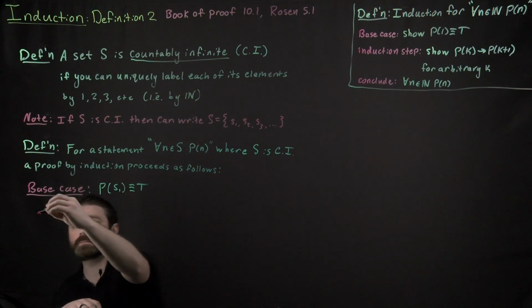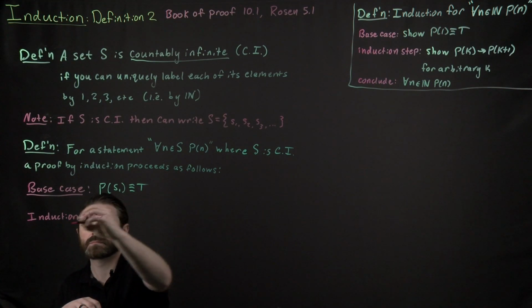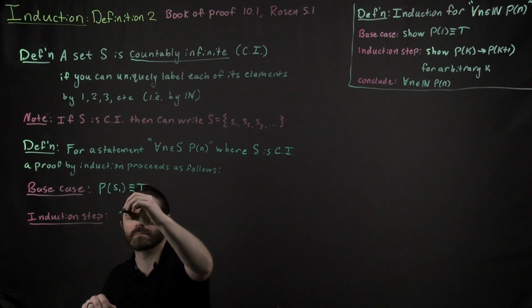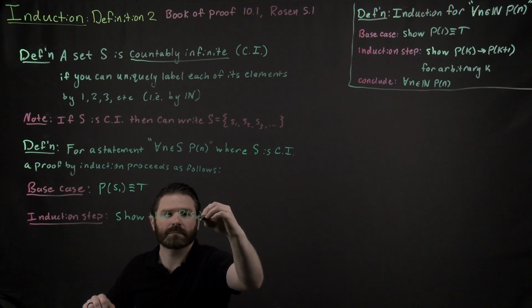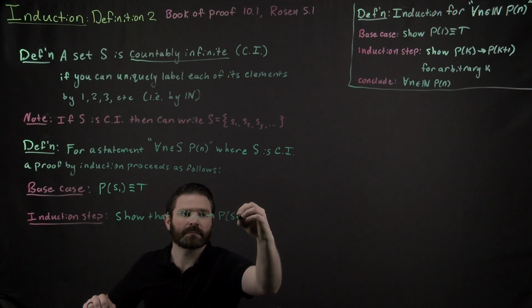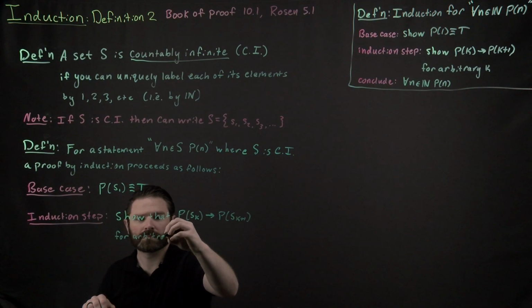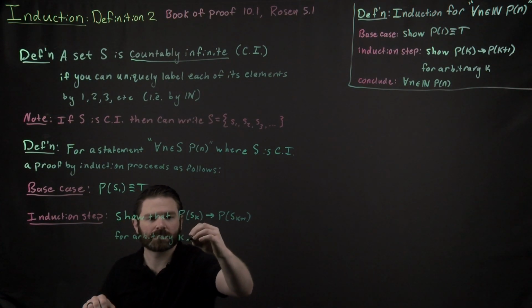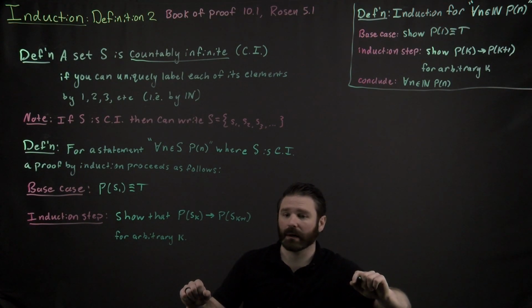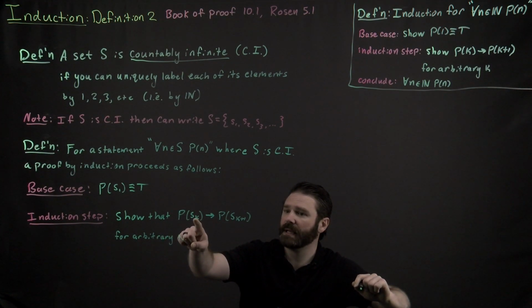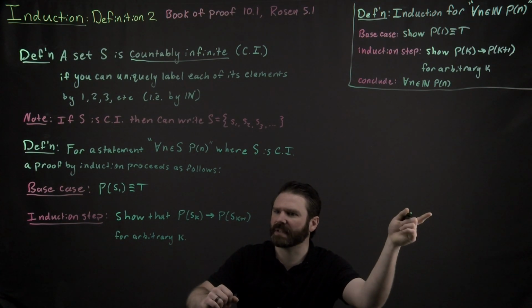And then our induction step looks very similar to our original definition up there. We want to show that P of, well, since we're not talking about k's and k plus 1s, we're talking about elements of a set.